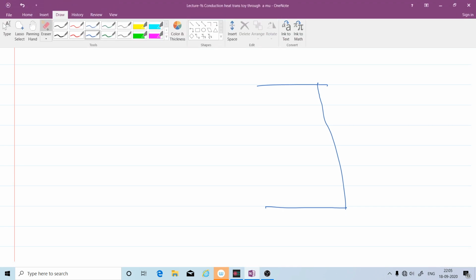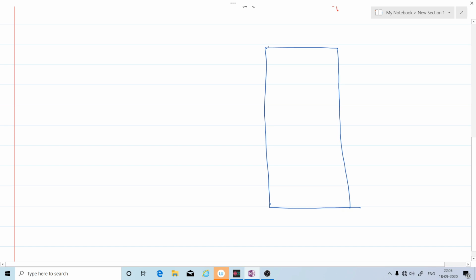Moving on further, let us draw a simple rectangular slab. Oh, I'm sorry for that. Let me draw it again. Let's say this is a simple rectangular slab, and this is another dimension of the slab.